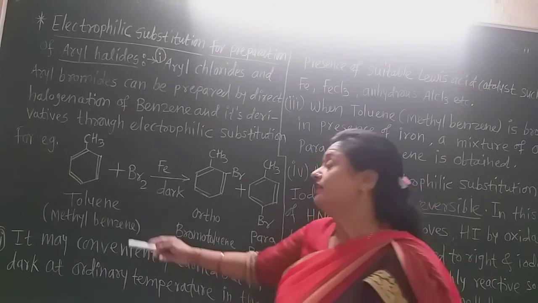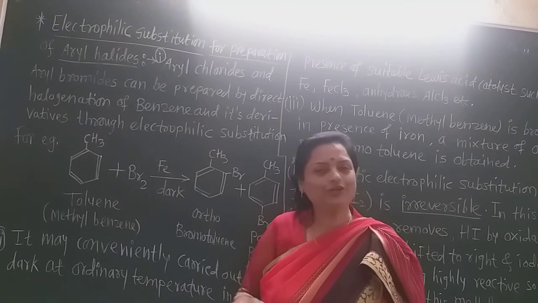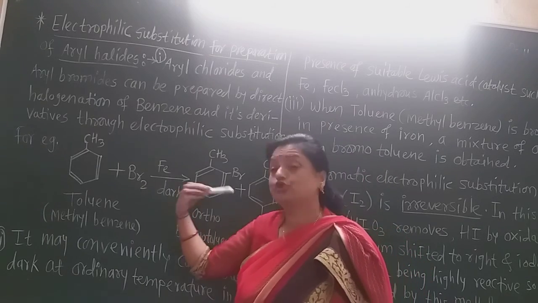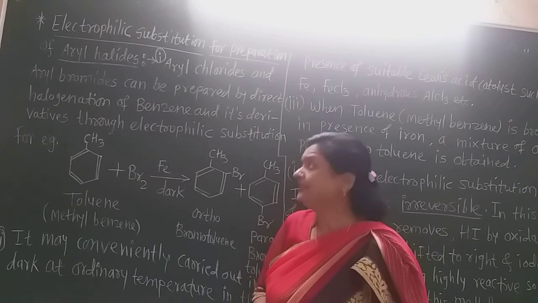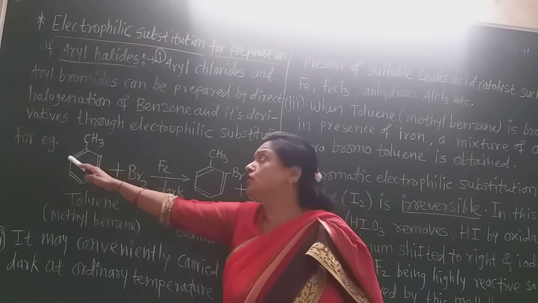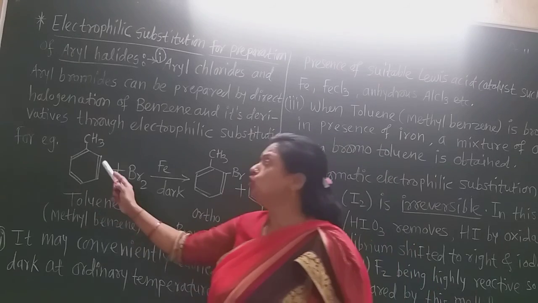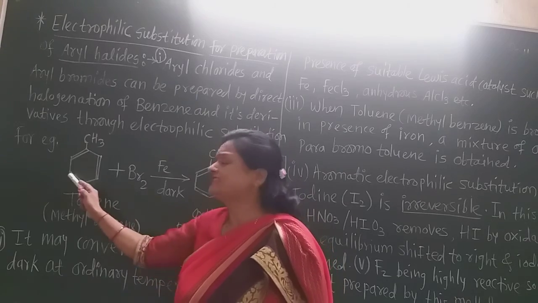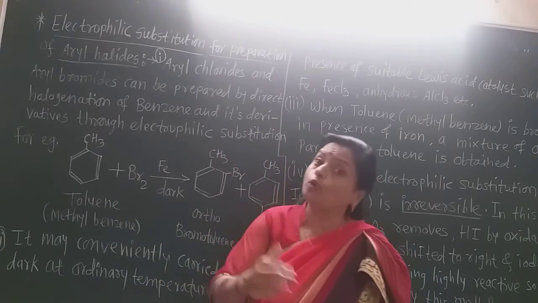Now when this electrophile, Br plus, attacks on this toluene, what happens? It always goes to the ortho and para positions. There are two ortho positions and one para position. Meta positions are also there, but we know that this group is ortho para directing.